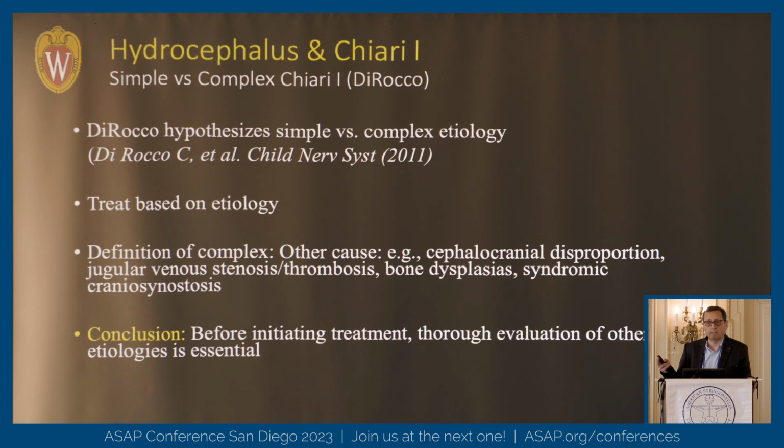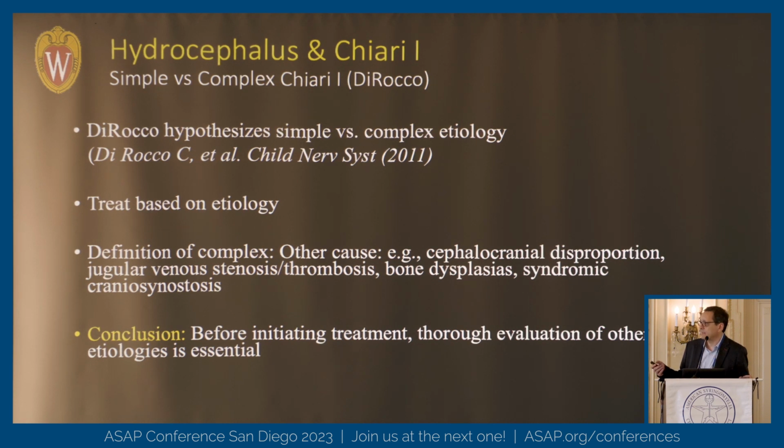But let me show you the data. So Neurological, in a paper in 2011, said, well, it's not a matter of one size fits all. You have a Chiari and you have hydrocephalus, therefore this is what you need to do. You have to separate them from a simple Chiari to a complex Chiari.